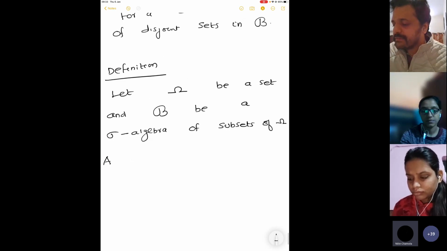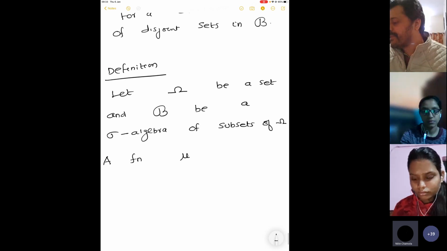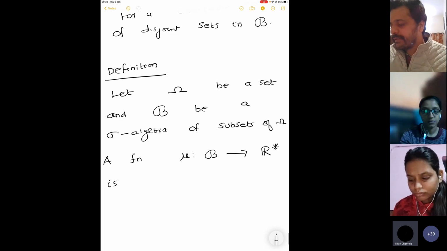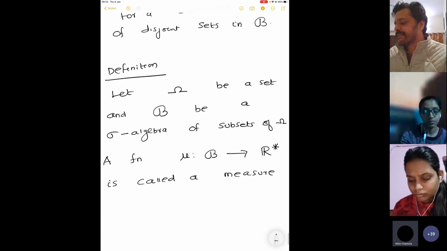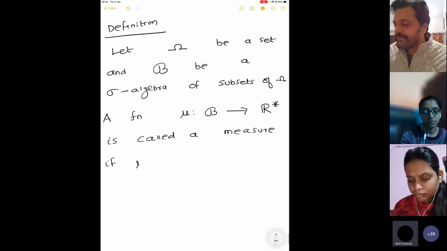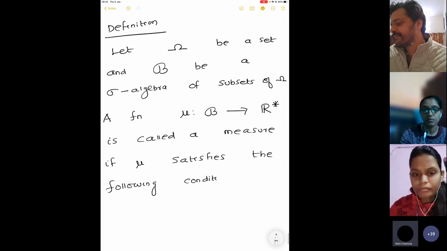A function mu from B to R star is called a measure if mu satisfies the following conditions.